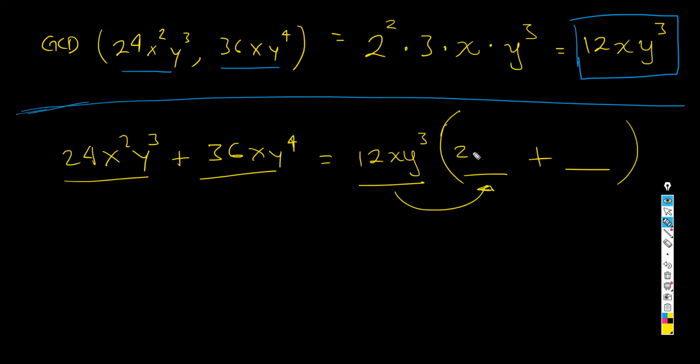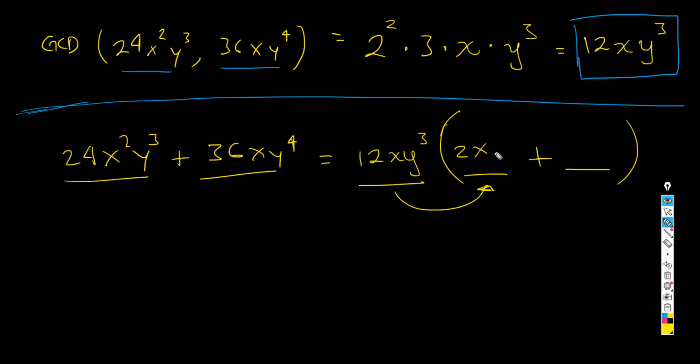Now, what x should I put? I have x here, and I have x squared here. So it looks like I need to write an x, because x times x will give me x squared. And what y should I put in here? We have y to the cube here, and y to the cube here.